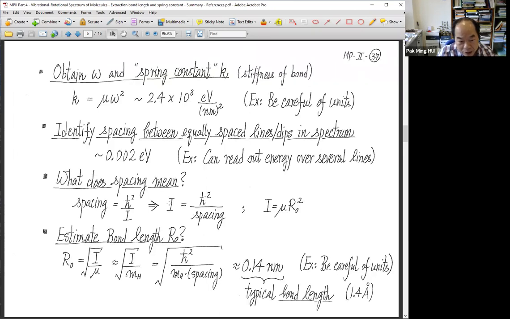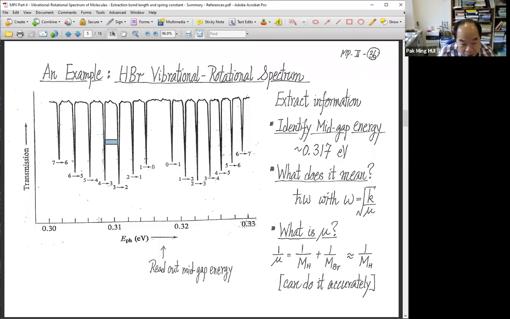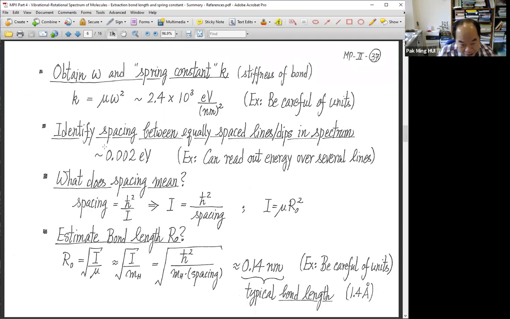The average separation, I just estimated to be, now, this scale, okay, from here to there is 0.01. So it must be much less than 0.01, okay? So this is 0.002 eV. That's my estimation, I just read it out.